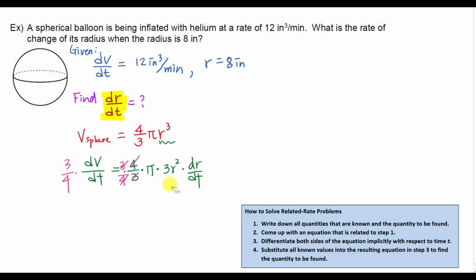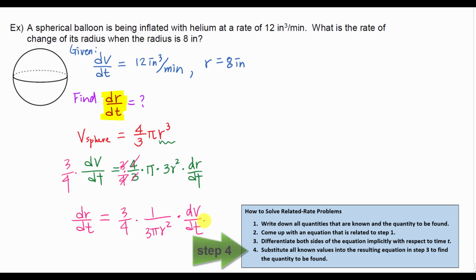Then you can divide both sides by 3 pi r squared. Then dr/dt will be equal to 3/4, and when you divide both sides by 3 pi r squared, I get 1 over 3 pi r squared in the denominator, and you have dV/dt.